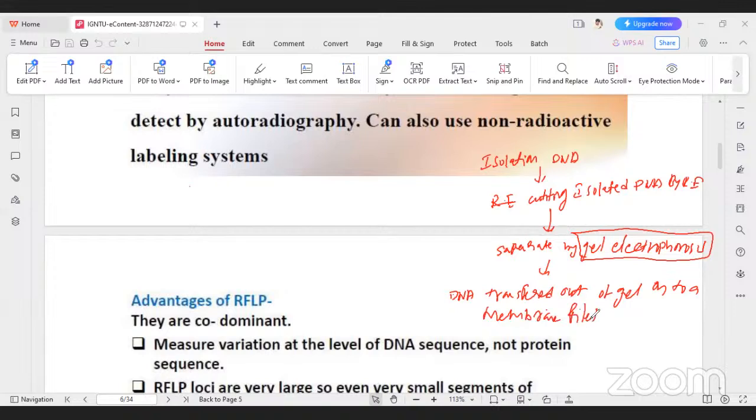I already told you this membrane filter is made of nylon or nitrocellulose.